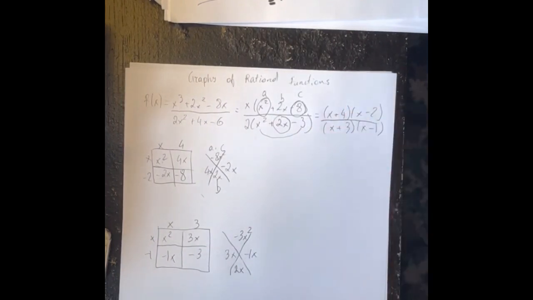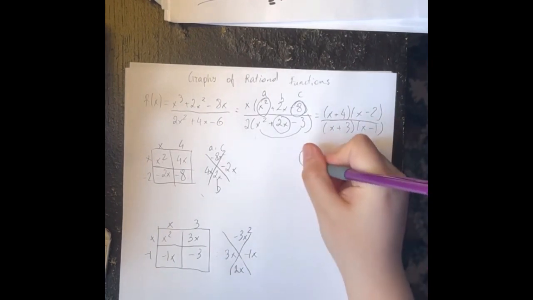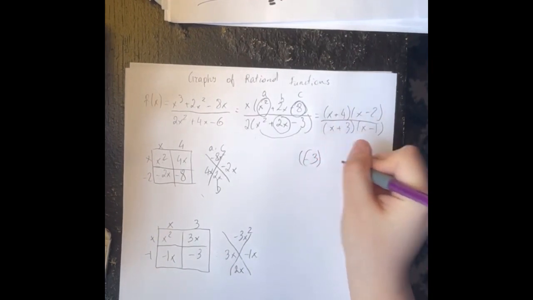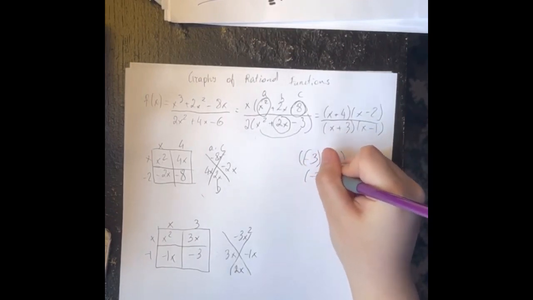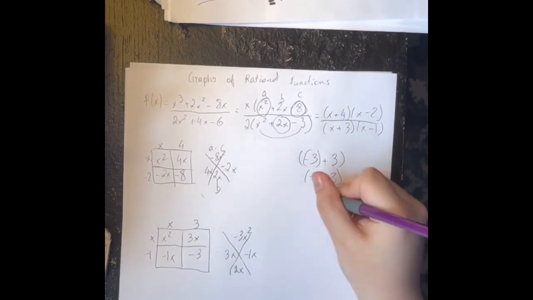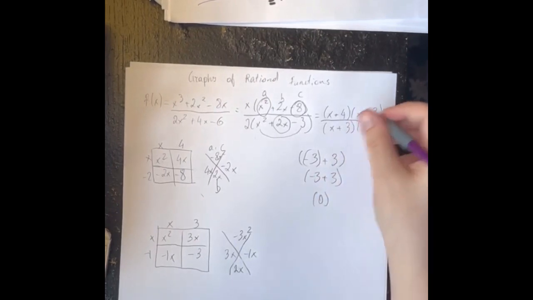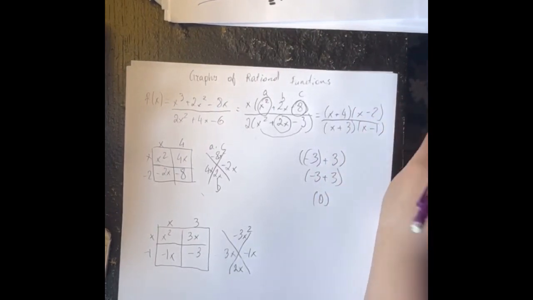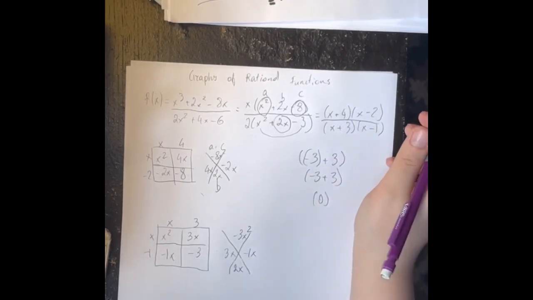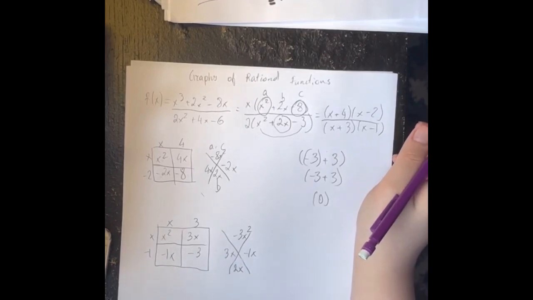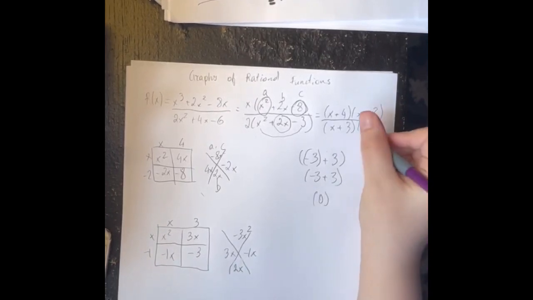So positive 3. What would cancel out positive 3? Negative 3. So negative 3 plus 3. Then simplify. That's 0. Then the same thing with negative 1. The opposite would be positive 1. No, it would be negative 1 because negative plus negative is positive.